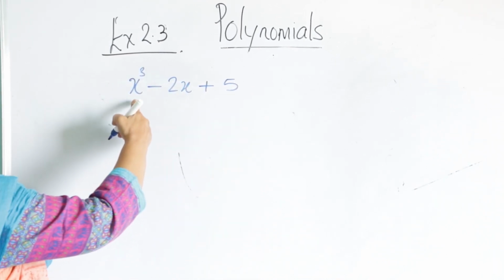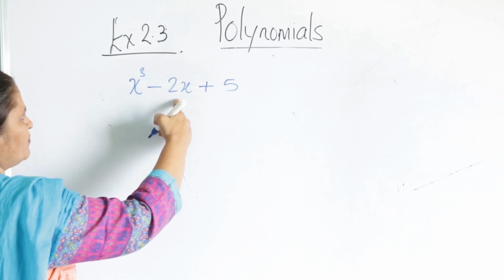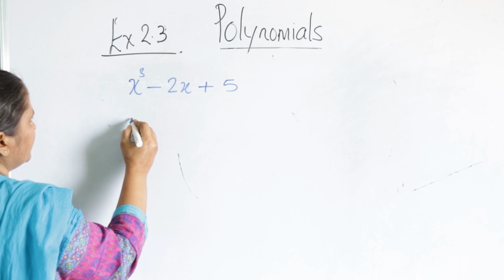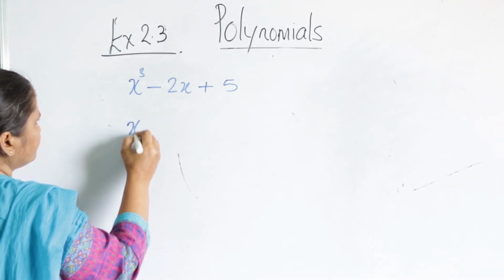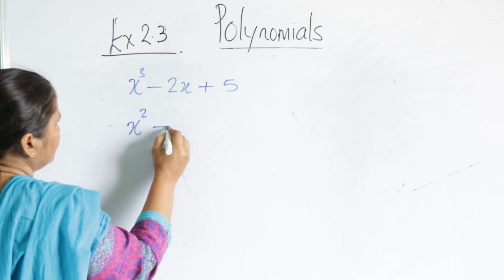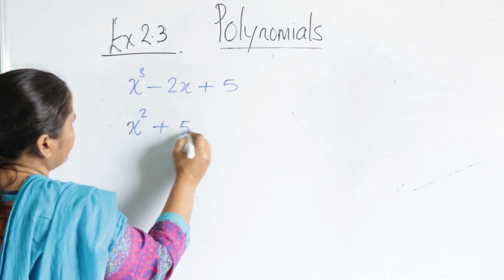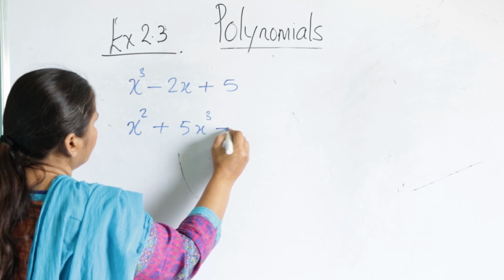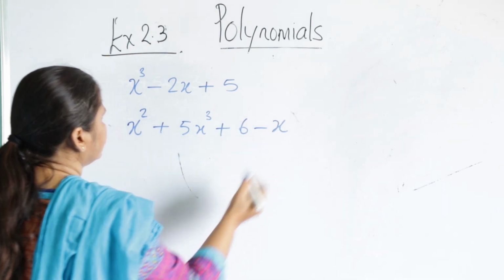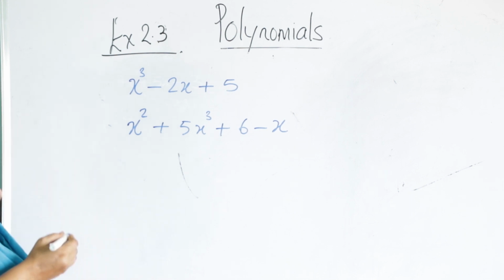As you can see, this is a cubic polynomial, right? And let us consider another polynomial, x square plus 5x cube plus 6 minus x. So let's consider these two polynomials.